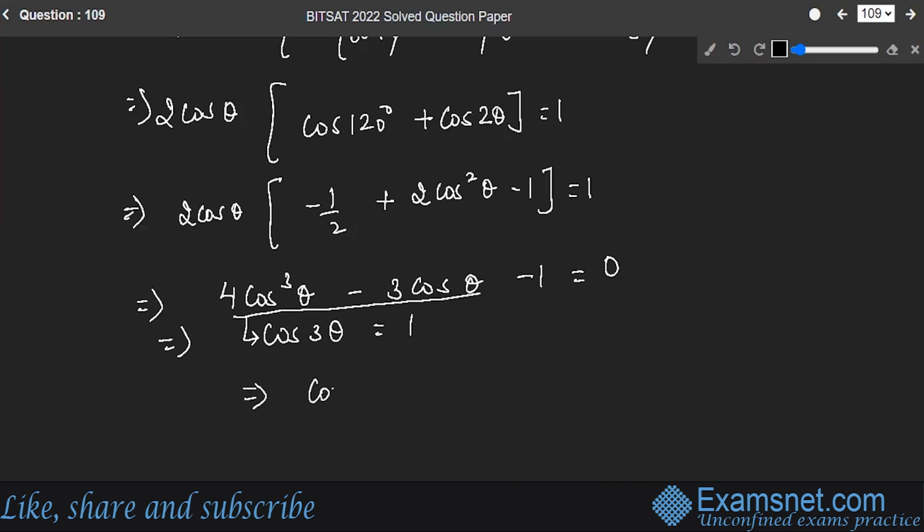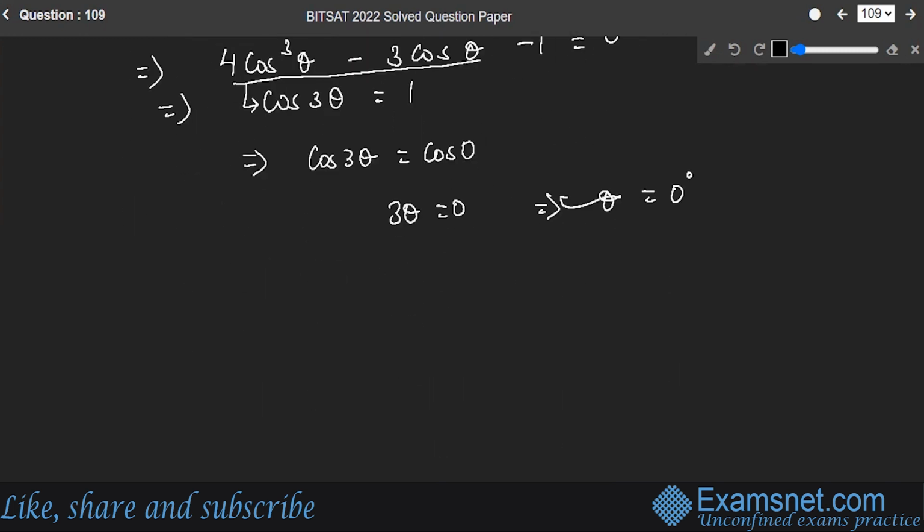And this is the case only when the angle is a multiple of 2 pi. So basically, from here, you can say 3 theta will be equal to 2n pi, or theta will be equal to 2n pi upon 3 for all n belonging to the integers.